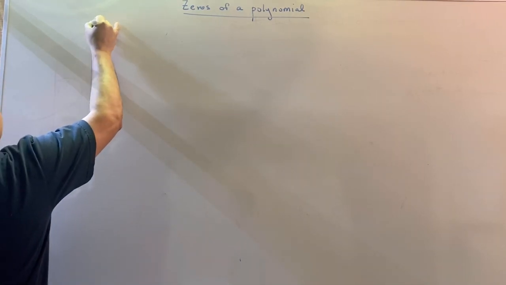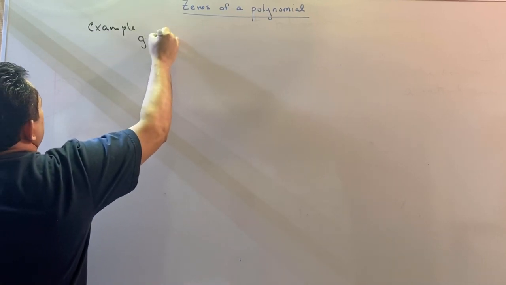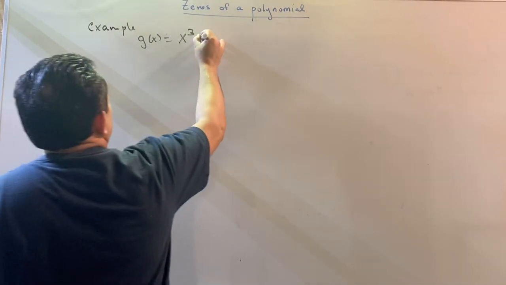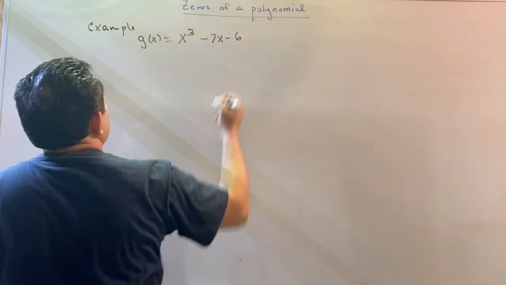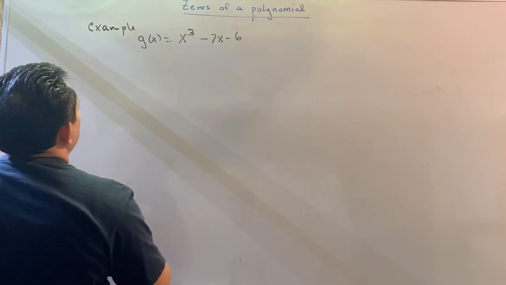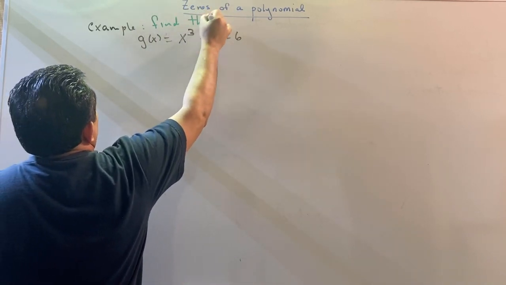So example, g of x is equal to x cubed minus 7x minus 6. And we want to find the zeros.